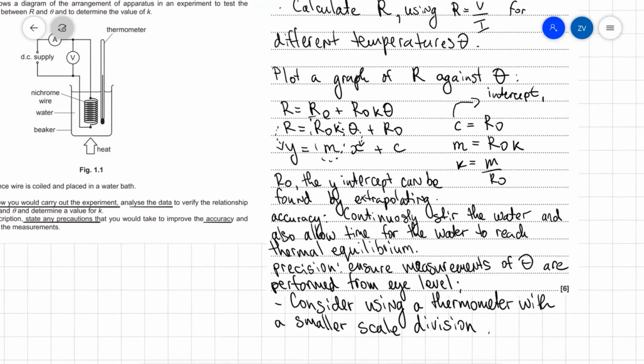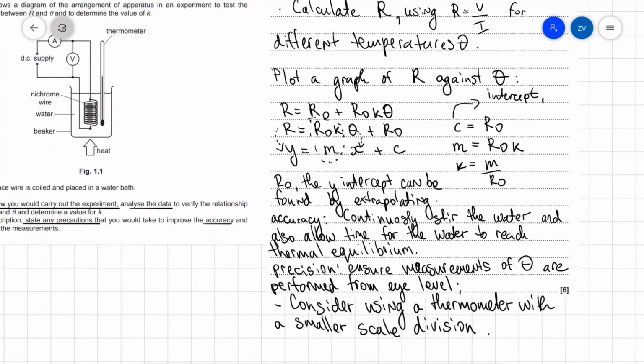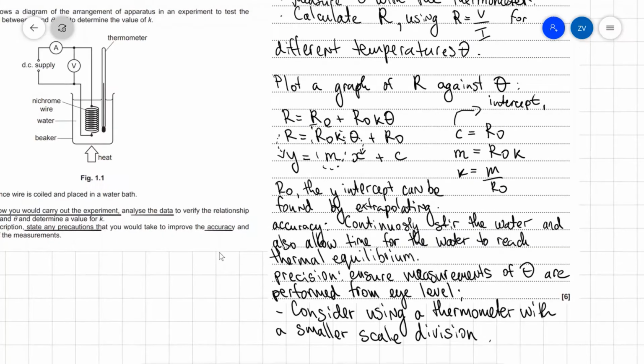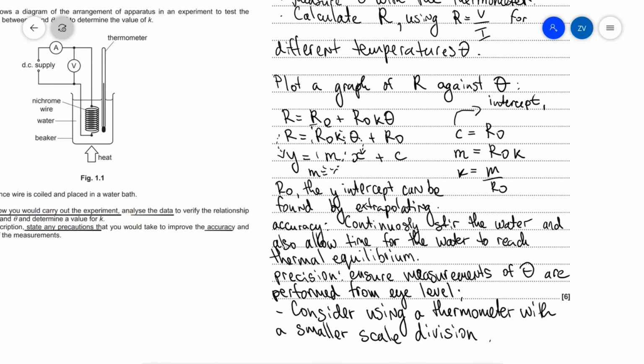Just to be absolutely clear and make the job of the examiner as easy as possible, I'm going to make a little footnote here that M is the gradient, just in case. So K, the constant, will be my gradient divided by R naught, where R naught can be found by extrapolating. I've commented on the accuracy and I've commented on the precision. Okay, so we're good to go to the next question.